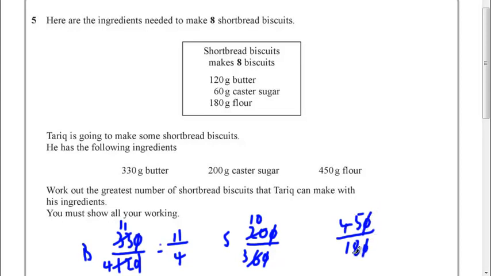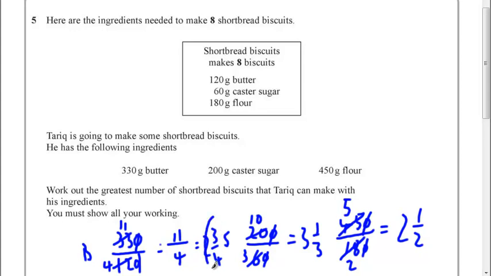Common factor is 9. 9 into 18 is 2, and 5, isn't it? That's 2.5. As mixed numbers, this one is 3 1/3, and this one is 2 3/4.